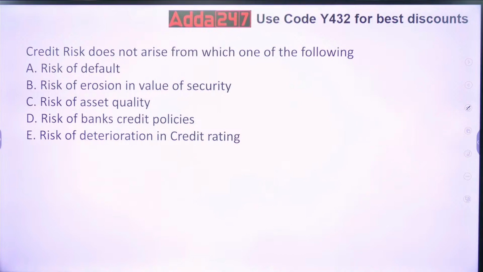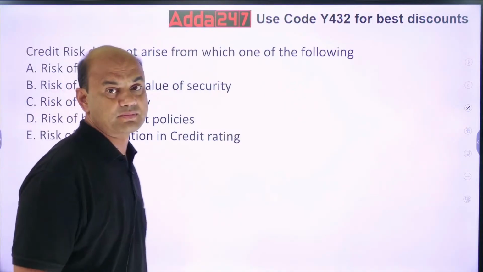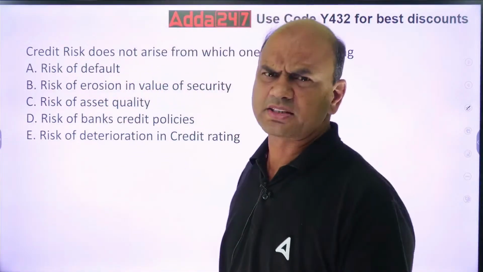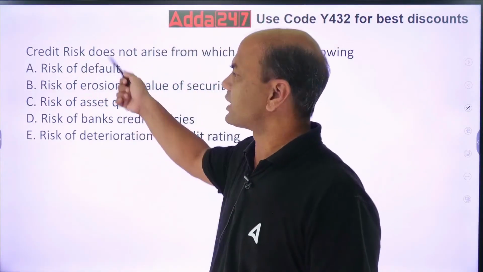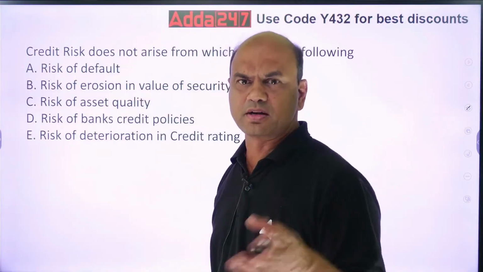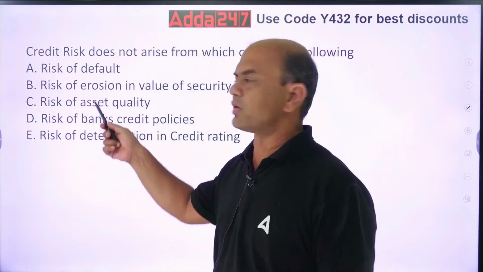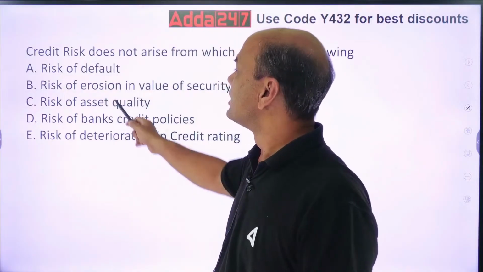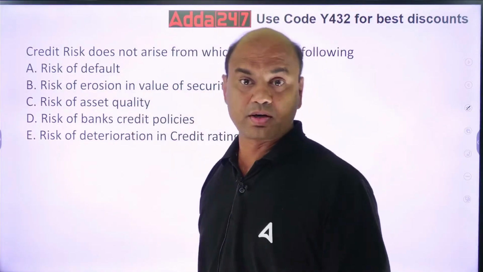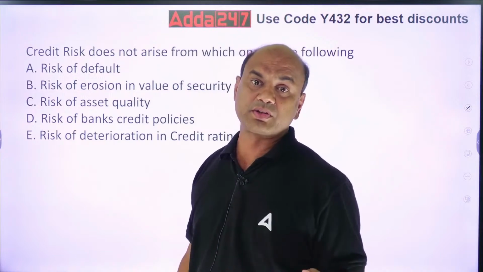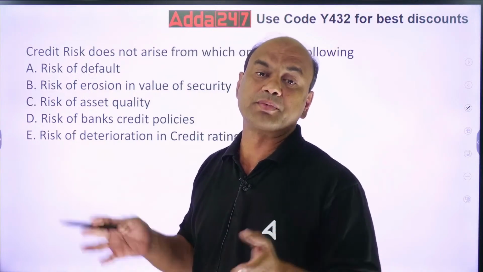Risk of default can be there, it's a part of credit risk only. Credit risk has two parts, country and counterparty. Counterparty means default risk. Risk of erosion in the value of the security is also right. If security is gone, then the loan becomes unsecured.